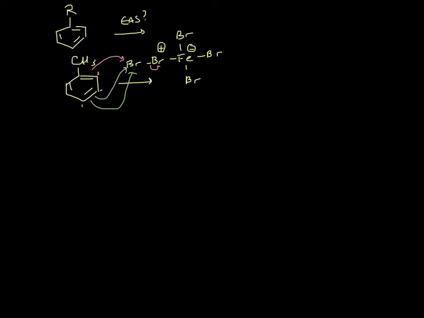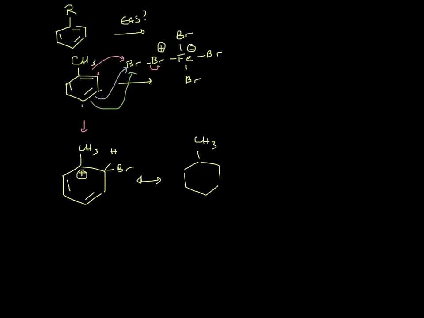Alright, so let's walk through the mechanism for the first one together, which is the one we've drawn in pink. If we're putting the bromine onto that position right next to the CH3, then our intermediate would look like this, and the carbocation would be right there. We would have multiple resonance structures of the intermediate here, because we could push those bonds around that ring in order to spread out the positive charge.